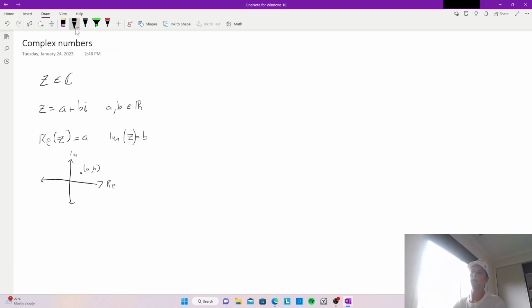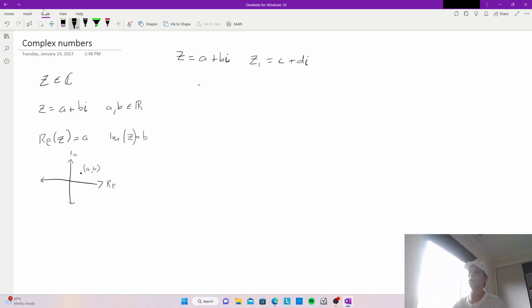So as you can see from this, z, which is the complex number, is equal to a plus bi. Therefore, if you want to add another complex number, I'm just going to call that z1, and we'll make z1 equal to c plus di.